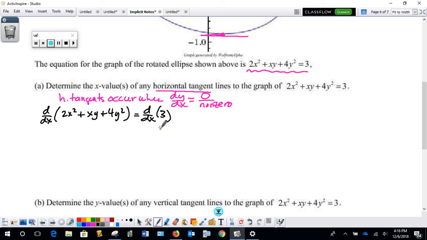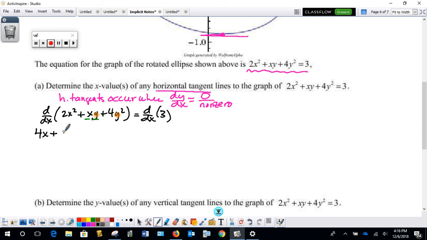Now I take the derivative. Remember that everywhere there's a y, you're going to have to use the chain rule. You might want to make a note to yourself that there's going to be a product rule right there. All right, so now we take our derivative. The derivative of 2x squared is 4x. The derivative of this middle term is going to be product rule.